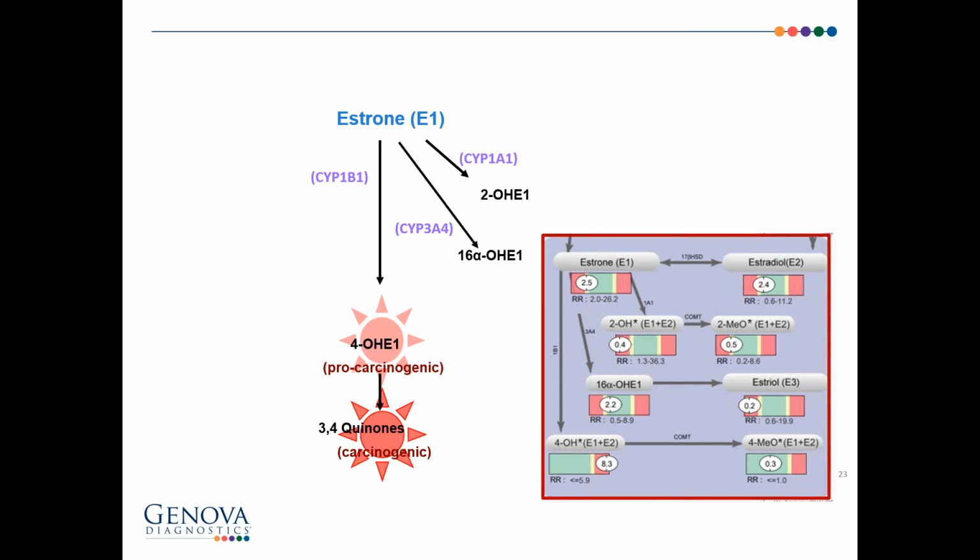The first one, the 2, probably the least dangerous way to go. To take that pathway, preferable. That's the good. The bad is the 16-alpha. Not as beneficial. There's some risk with various cancers there. But the ugly is this one, to go straight down.